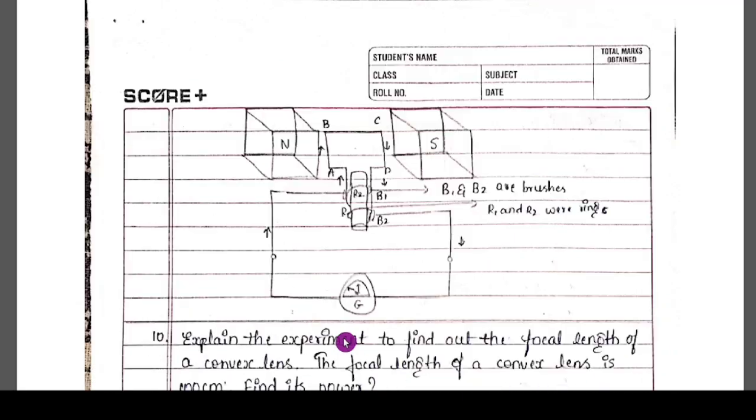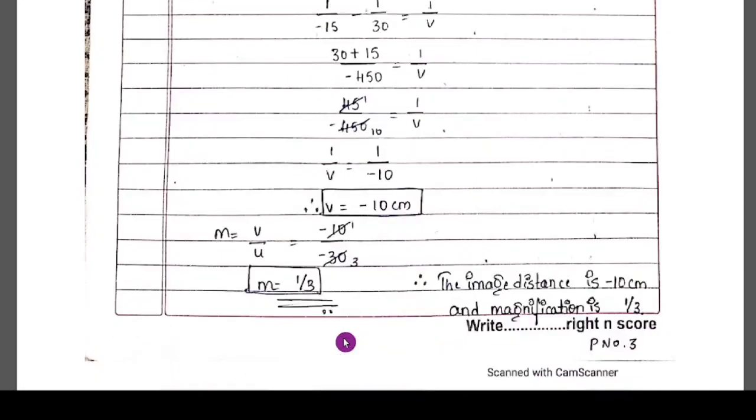So anyhow, we got the image distance, that is minus 10 centimeter. The magnification of the image is v by u, that is the formula. So v is minus 10, and the object distance is minus 30.